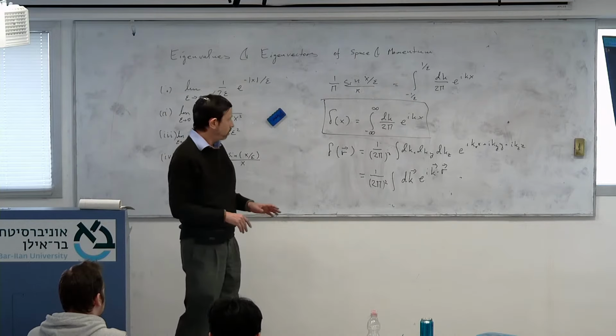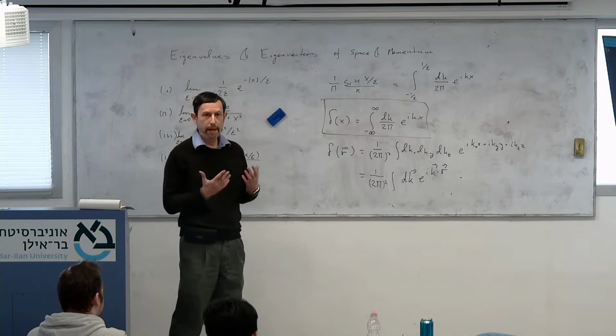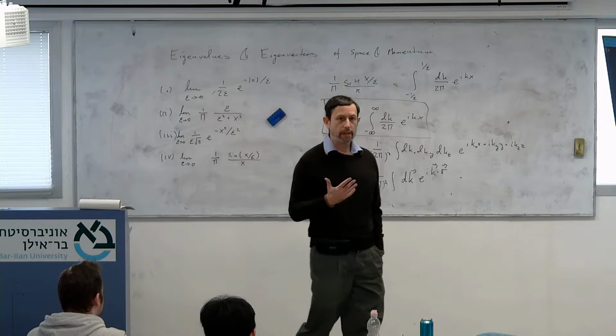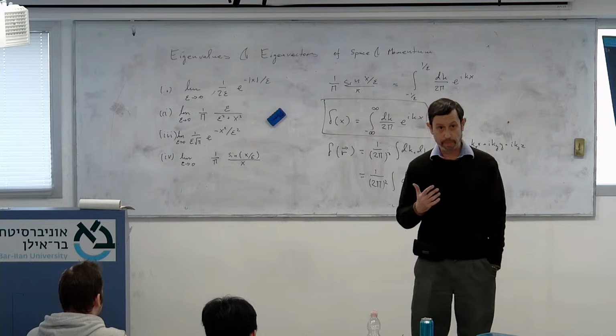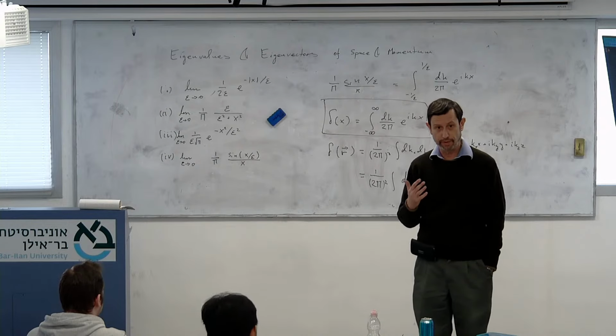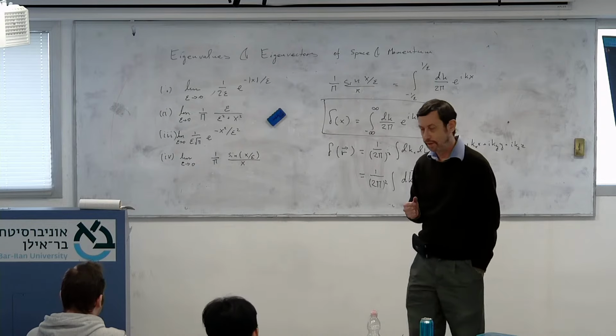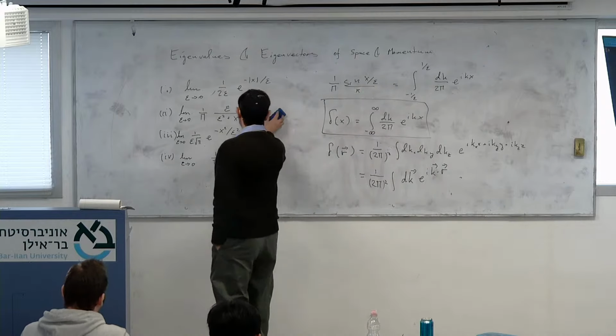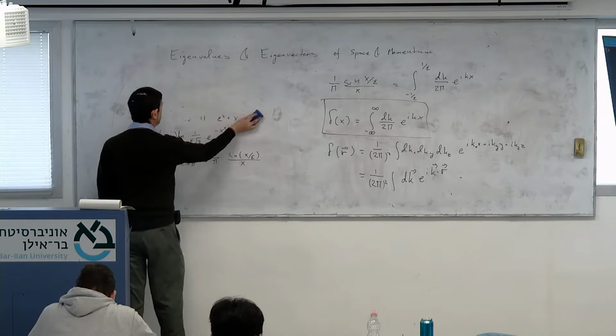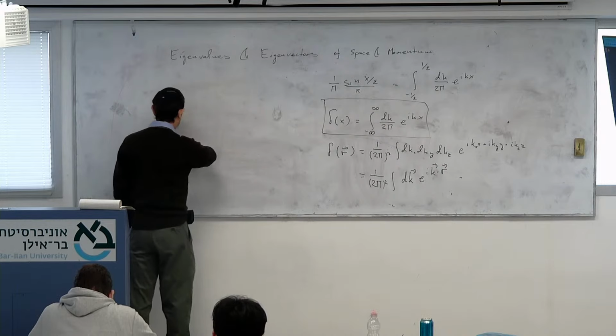Okay, so let's go back. I claim that delta function is the eigenvector of the position operator. Let's see if according to all that we have learned, it fits.